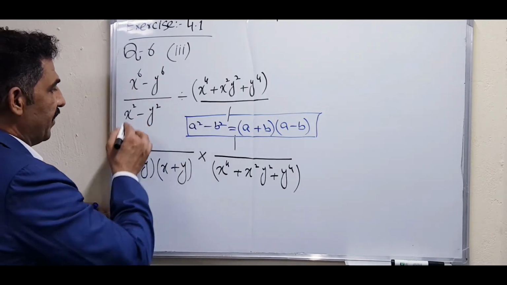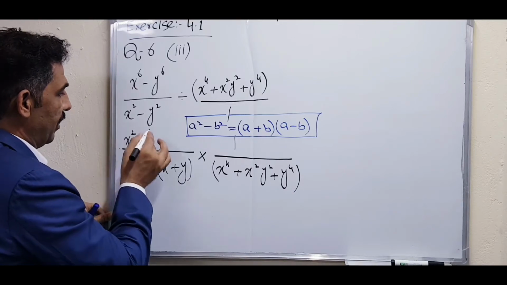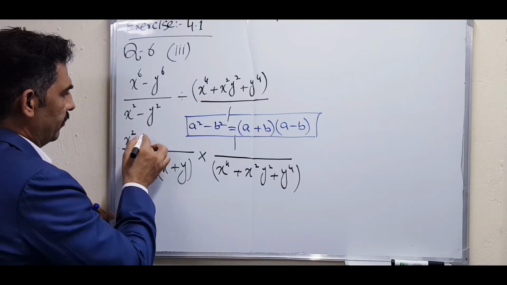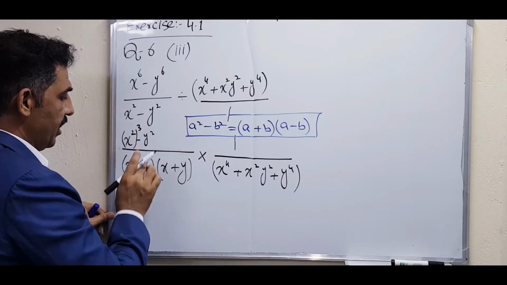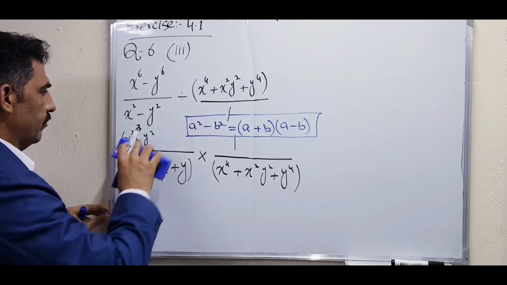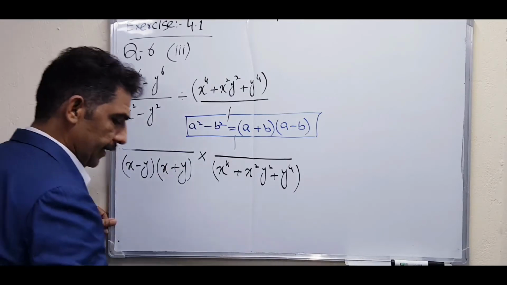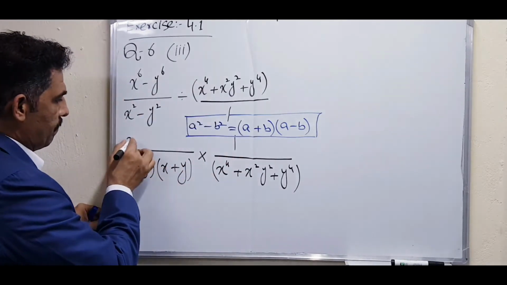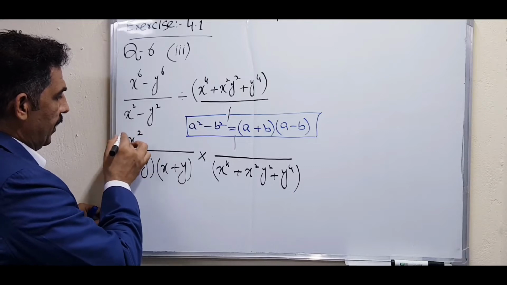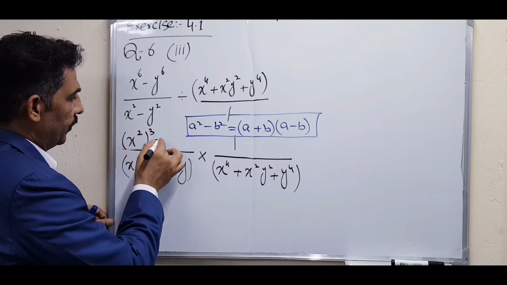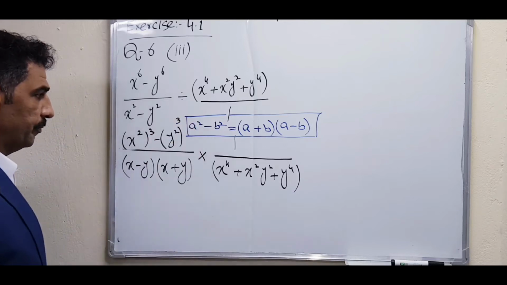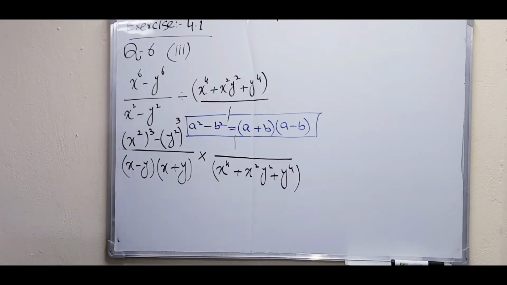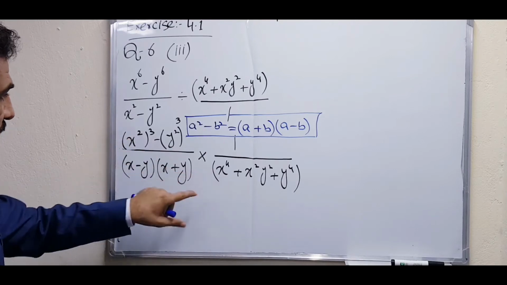So we will write first like that, x square minus y square, its power 3, x square cube minus y square cube. Because I will see when this question becomes more simplified.